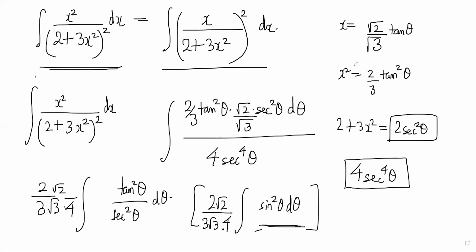But obviously, this is a really horrible question. Why would you make a question where you have to substitute this? If you only know trigonometric substitutions, that is the thing that you'll do. But the question doesn't suggest in any way that you should try trigonometric substitutions here.